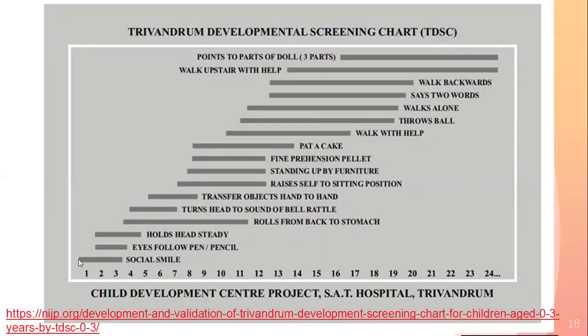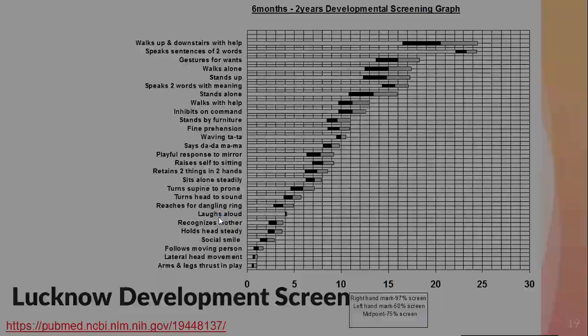So the child could develop social smile right from day one, and it could develop up to something like 3.5 months. If that does not develop within this time, it indicates a delay. Similarly, ranges are given for each of them. These are standardized, and if the development does not occur within that stipulated period, possibly there's something wrong, and we need to contact the doctor.